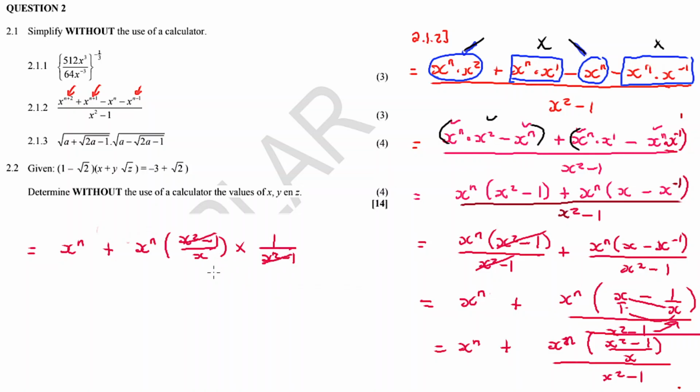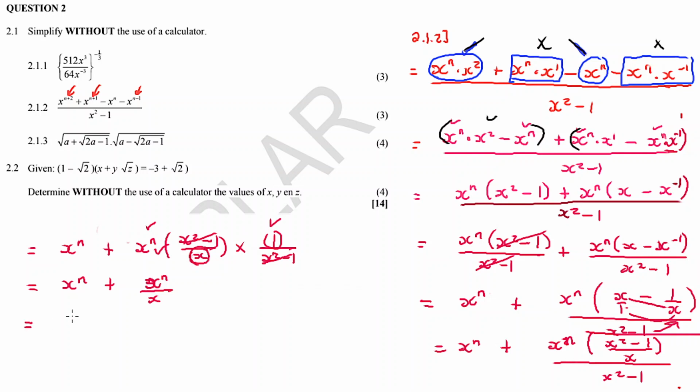Cancel, right? Cancel. Then I'm left with the 1 and the x. So I'm going to say x exponent n plus x exponent n over x, because this one multiplies that x exponent n, and then we have x here, right?